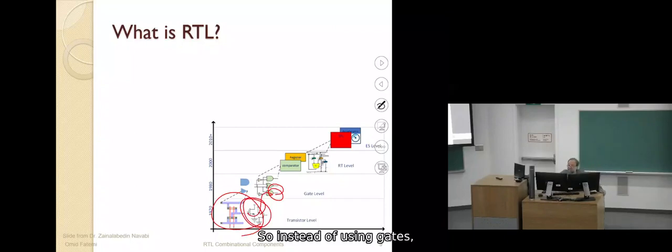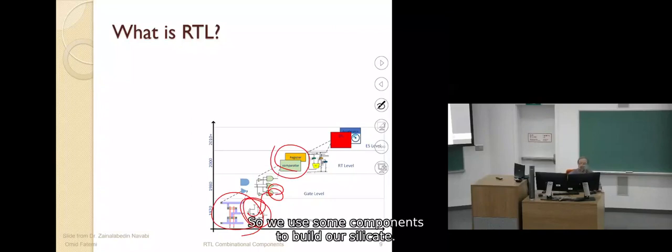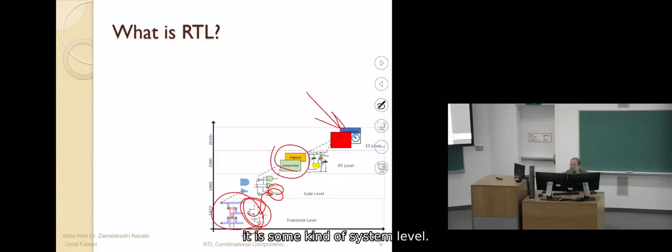So instead of using gates, we used RT, register transfer level. So we used some components to build our circuit. And later, again, the circuit became larger and larger. The system gets more complicated. For example, now we have an MP3 encoder, as I mentioned. An MP3 encoder is a very complex system. So if you want to build a circuit to do an MP3 encoder, it is some kind of system level.